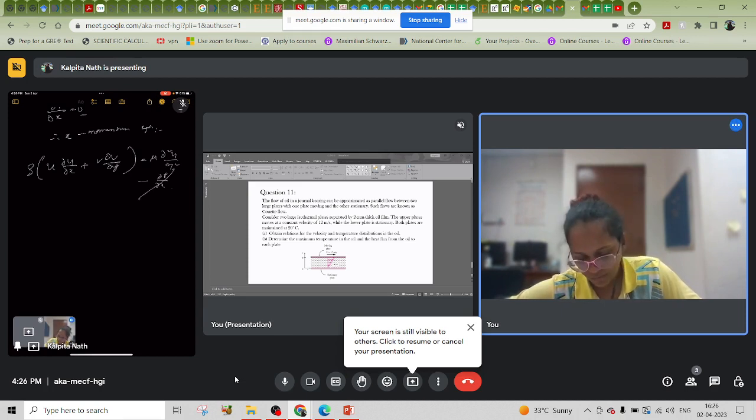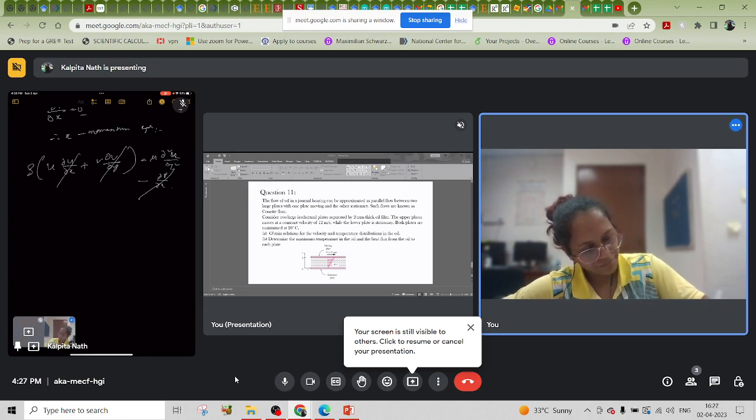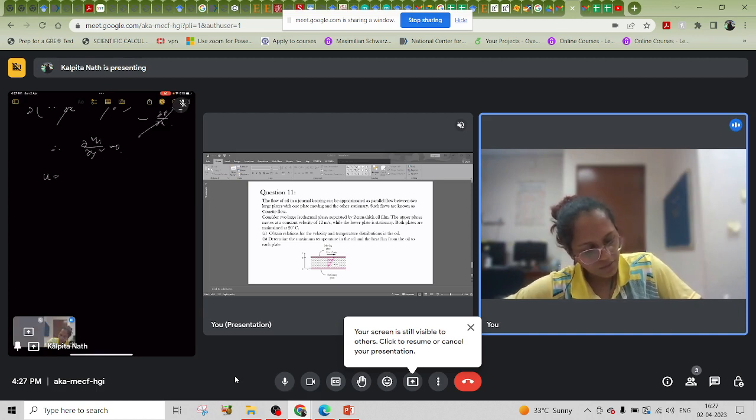This is 0, this is 0, and u is not a function of x. So therefore mu del square u by del y square is equal to 0. Now integrating, u is equal to c1 y plus c2.